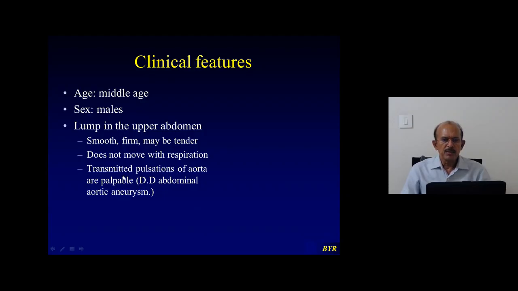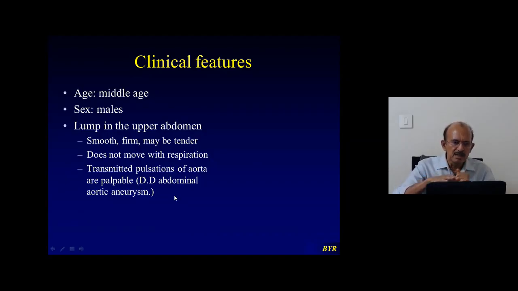There will be transmitted pulsations of the aorta when you examine the mass. How do you differentiate transmitted and expansile pulsations of the aorta? For example, a mass is there in the epigastric region. When you keep your hand and apply slight pressure, you will feel the pulsations.